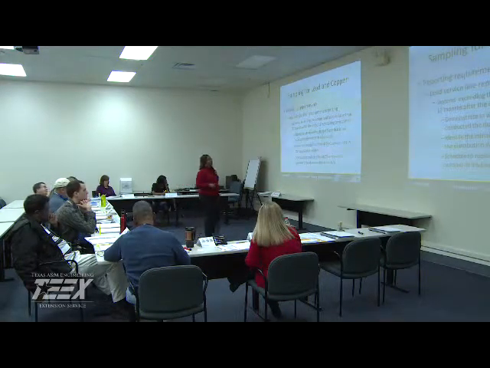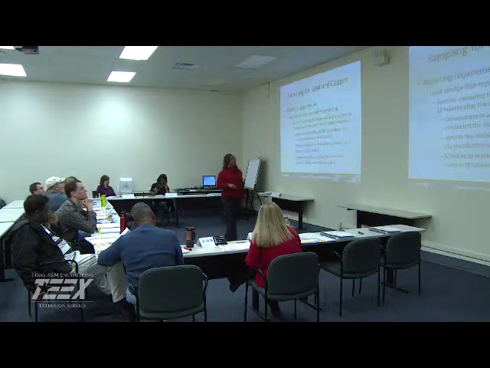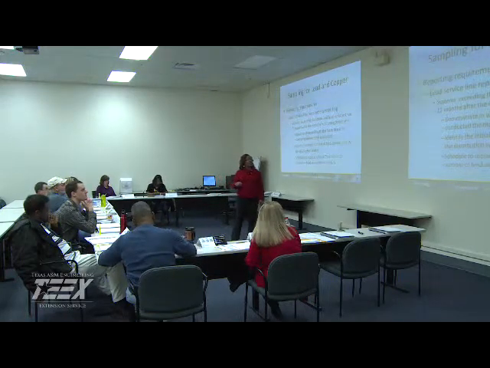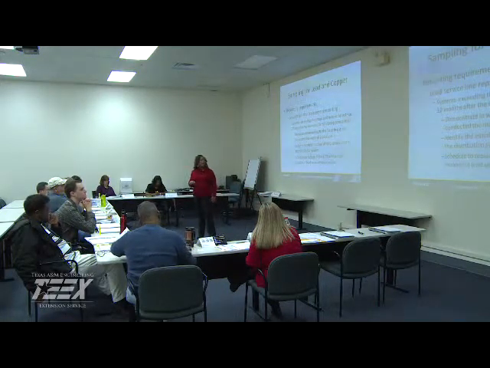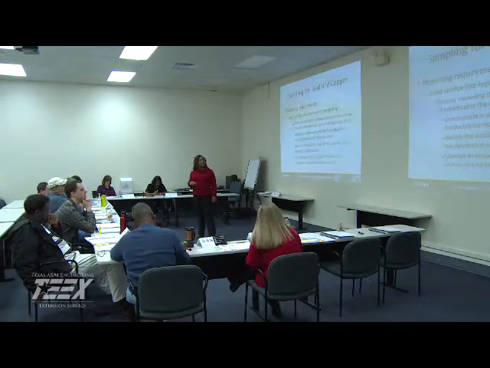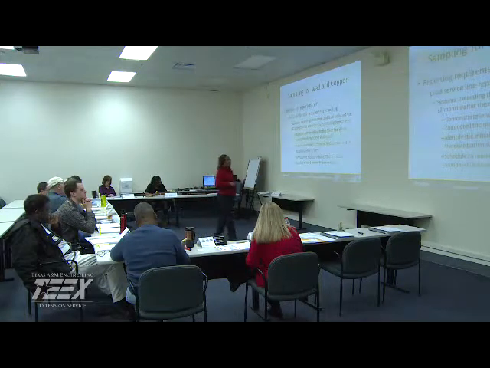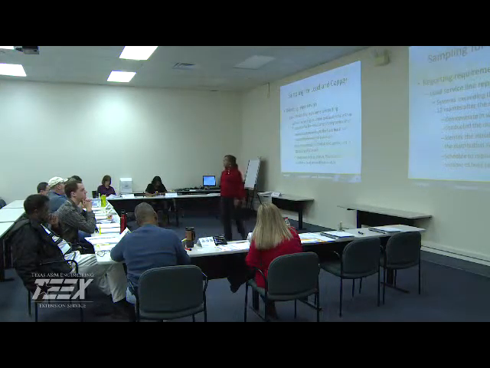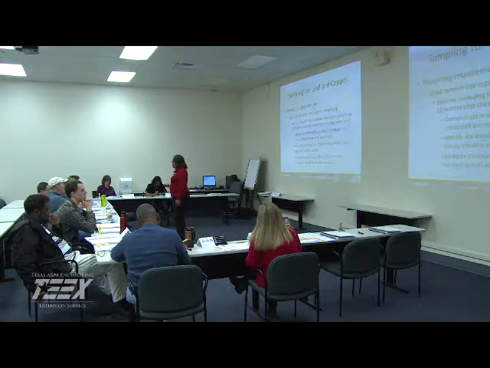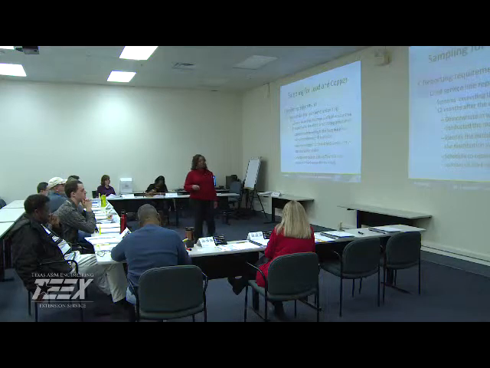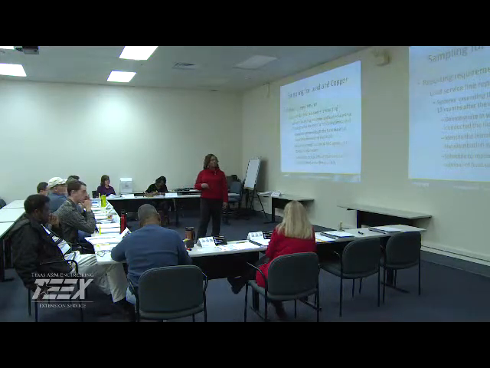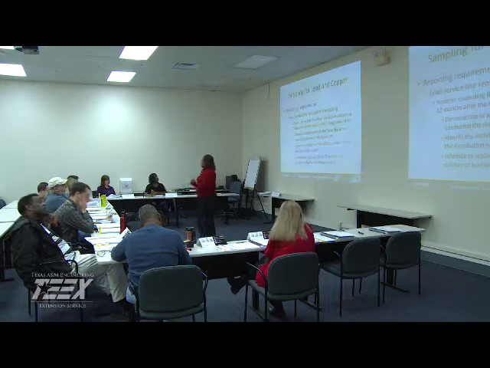Now, as far as lead service line replacement reporting, systems exceeding the action level no later than 12 months after the end of the monitoring period must demonstrate in writing to the state again that it's conducted the material evaluation, in other words, it's done the studies, it has identified the initial number of lead service lines in the distribution system, and now you're ready to start with your mandate, and their mandate is that you need to replace at least 7% of the initial number of lead service lines on an annual basis.